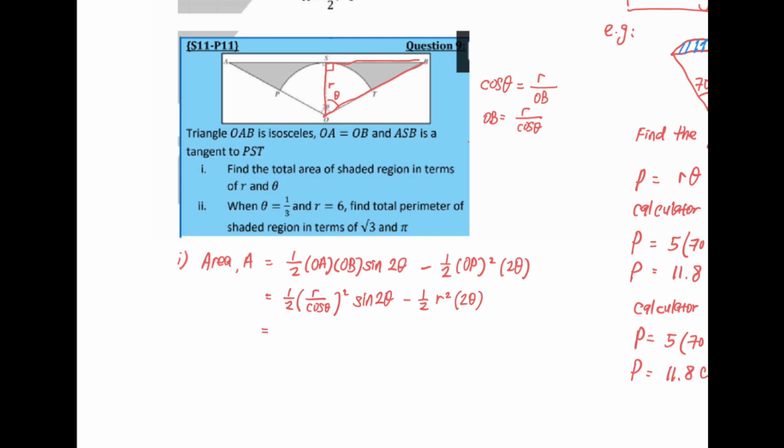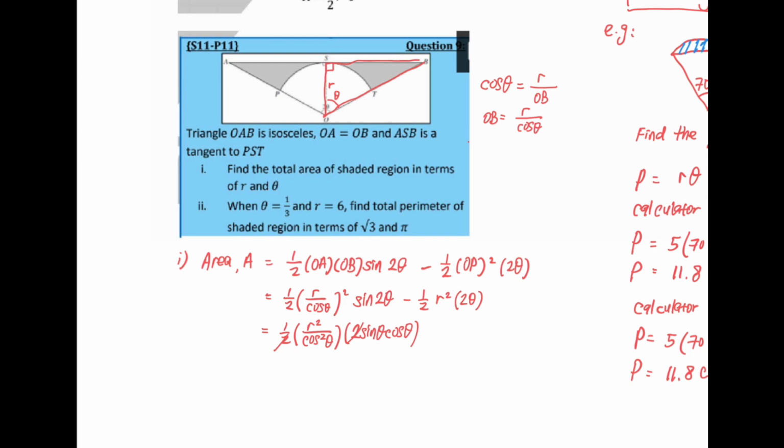Okay. Then after that, let's say I try to simplify the answer. So 1 over 2 R square over cos square theta. The sine 2 theta, I use the trigonometry formula, which is 2 sine theta cos theta. So I cut the 2 with the 2 here.